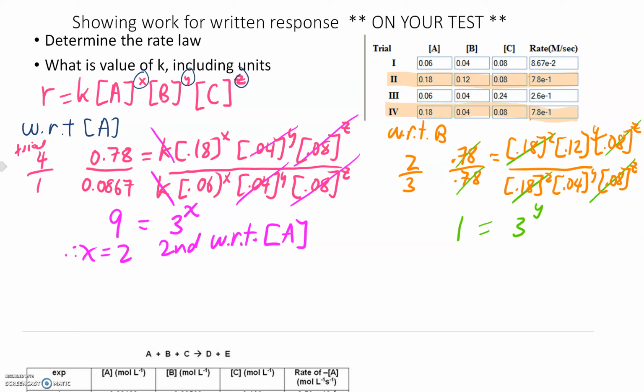What could I raise 3 to get 1? The answer is 0. So it is 0th order with respect to B.